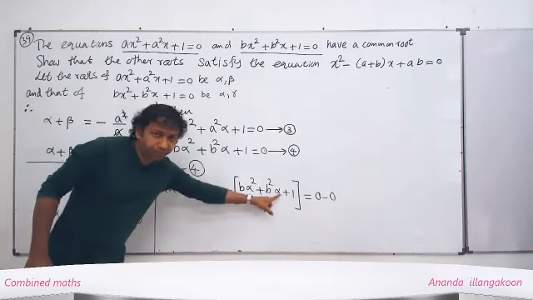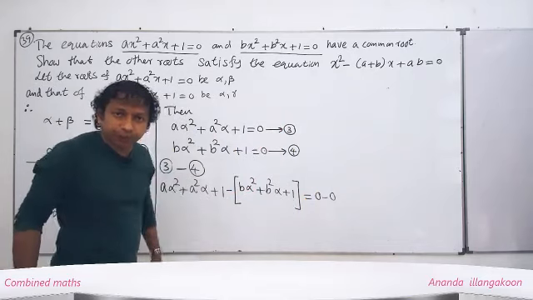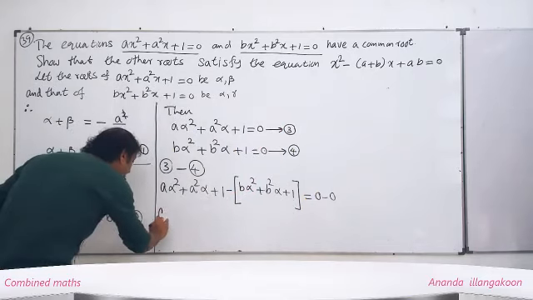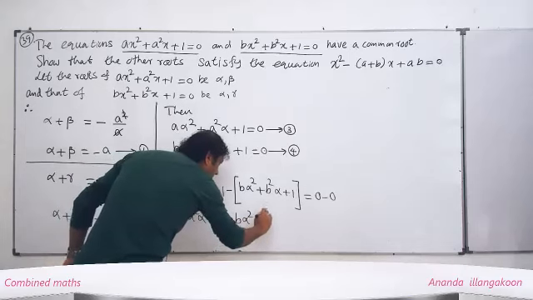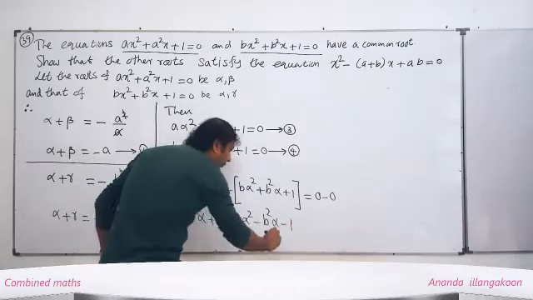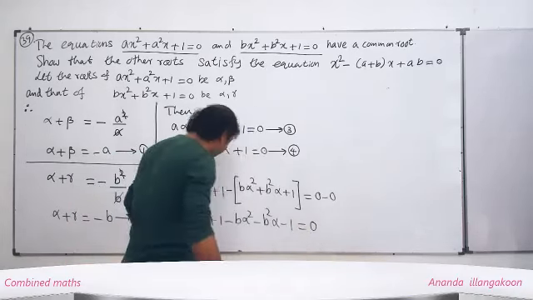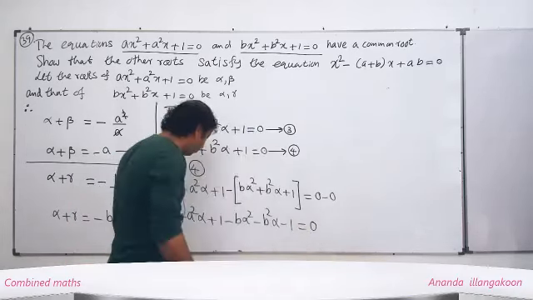All these 3 terms within the second bracket will be negative. Then we get A alpha squared, A squared alpha plus 1, minus B alpha squared minus B squared alpha minus 1, equals 0 minus 0, which is 0. This 1 and this minus 1 we can cancel down.